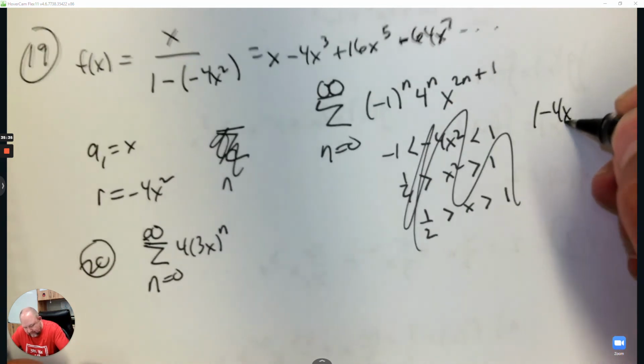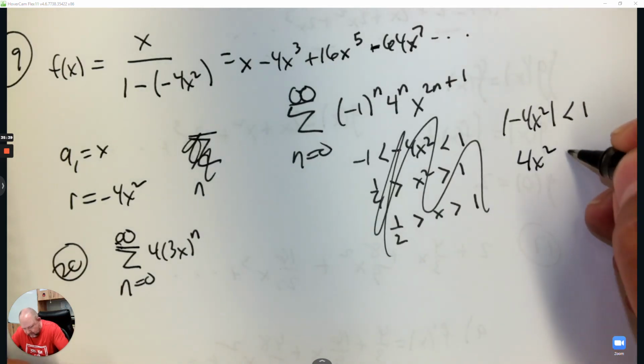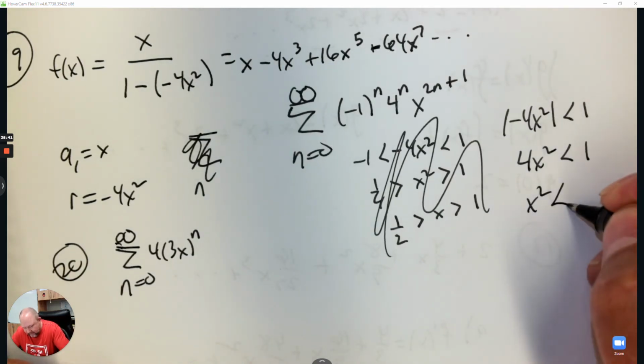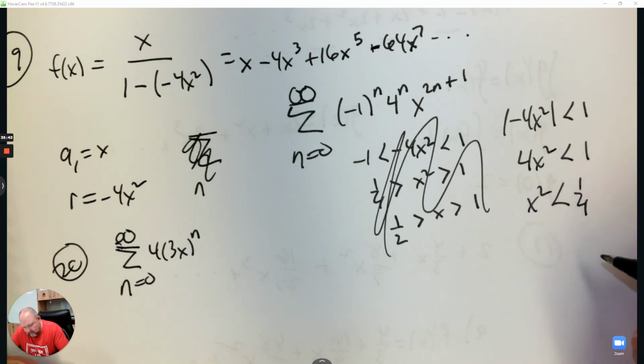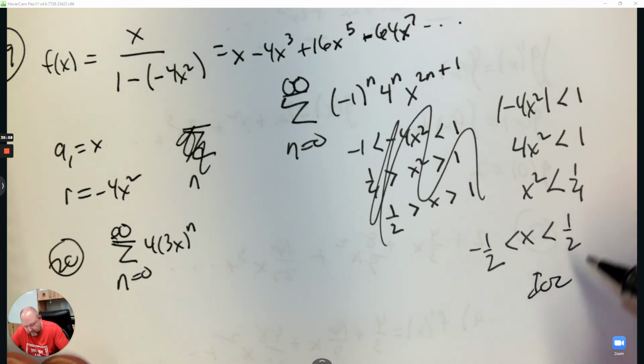So the absolute value of 4x squared has to be less than 1. So that's just 4x squared has to be less than 1. Divide by 4. And then square root. It can be positive or negative. There's your interval of convergence.